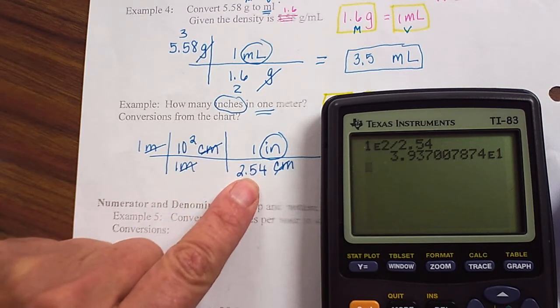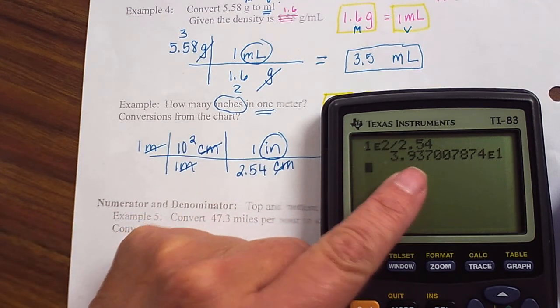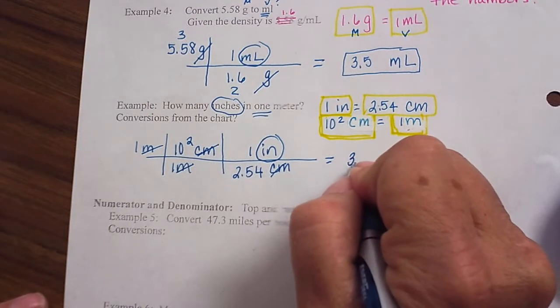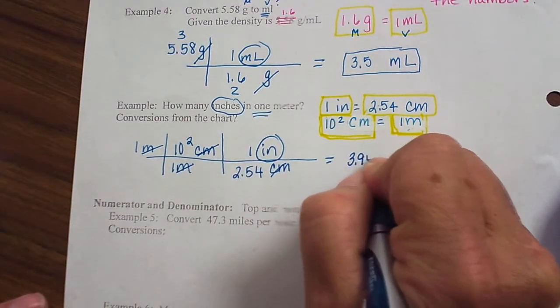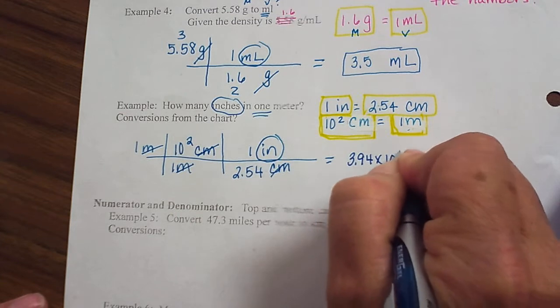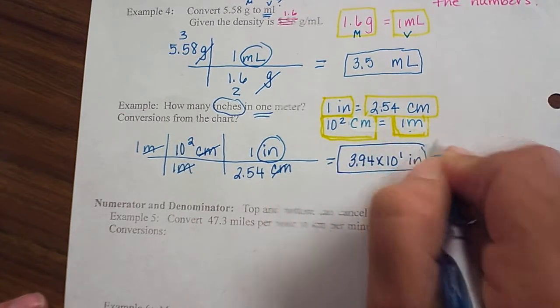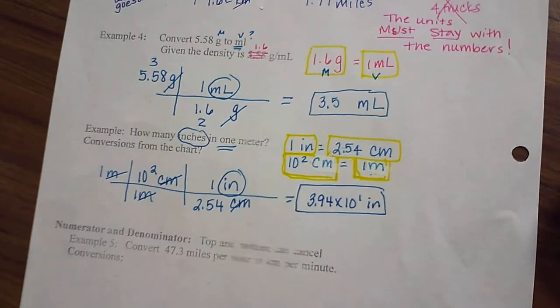So I get 3 digits for the 2.54. So I get 3.94 times 10 to the 1 inches. So there's 39.4 inches to 1 meter.